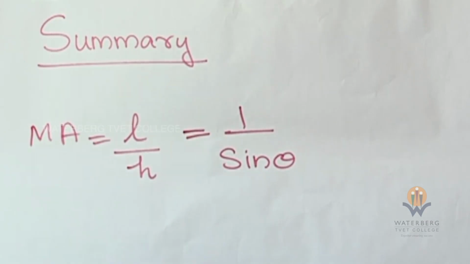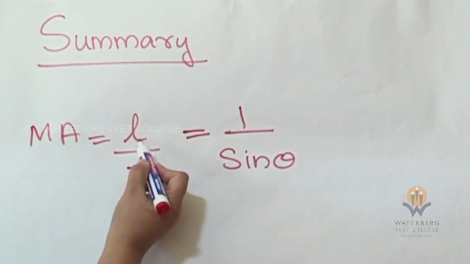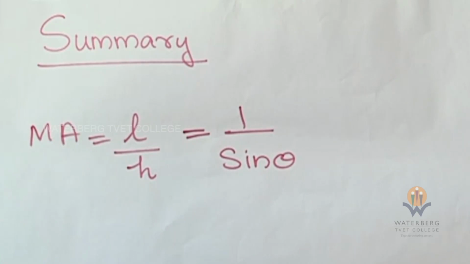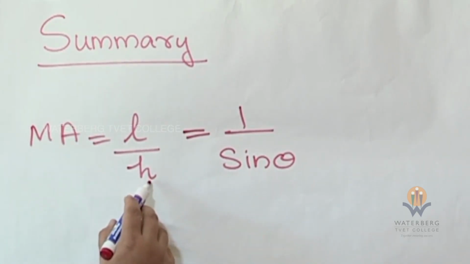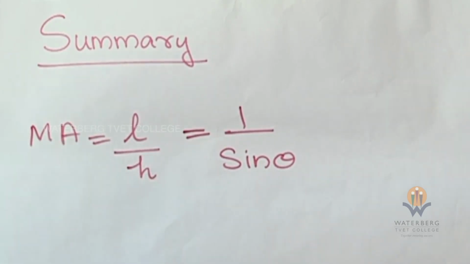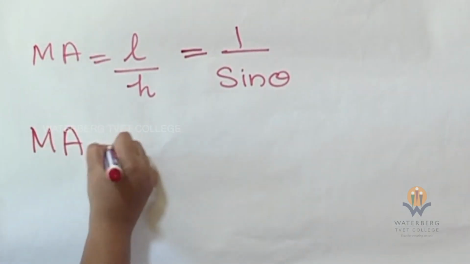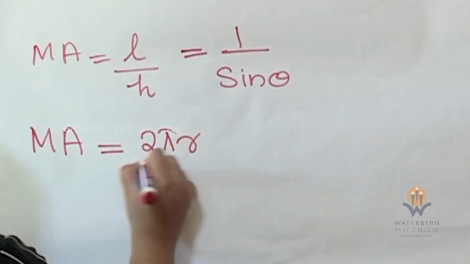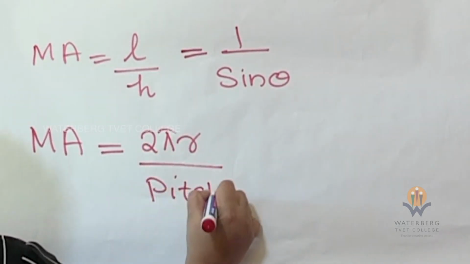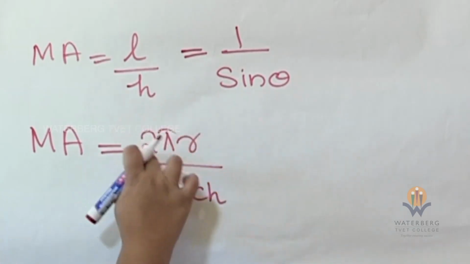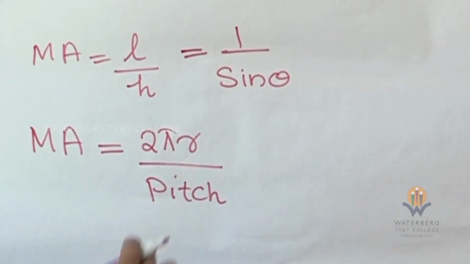If the length of the inclined plane increases, mechanical advantage also increases, and if the slope decreases, the mechanical advantage also increases. Then we did the second simple machine, screws, which are inclined planes wrapped around a cylinder, and the mechanical advantage of a screw is 2 pi r over pitch, which is the effort distance over the load distance.